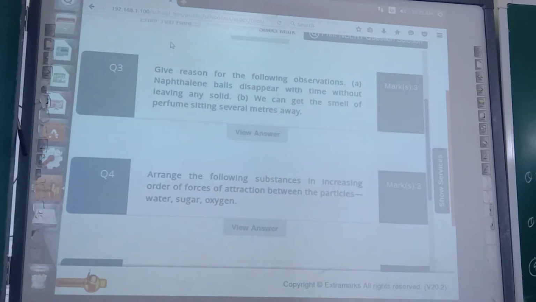That is why, sitting several meters away, we can easily feel their smell. So here two processes are playing an important role. Number one is diffusion. Second one is that perfume has substances which get evaporated easily. Okay, so just see their answer also, we'll see. Their explanation may be a bit different.